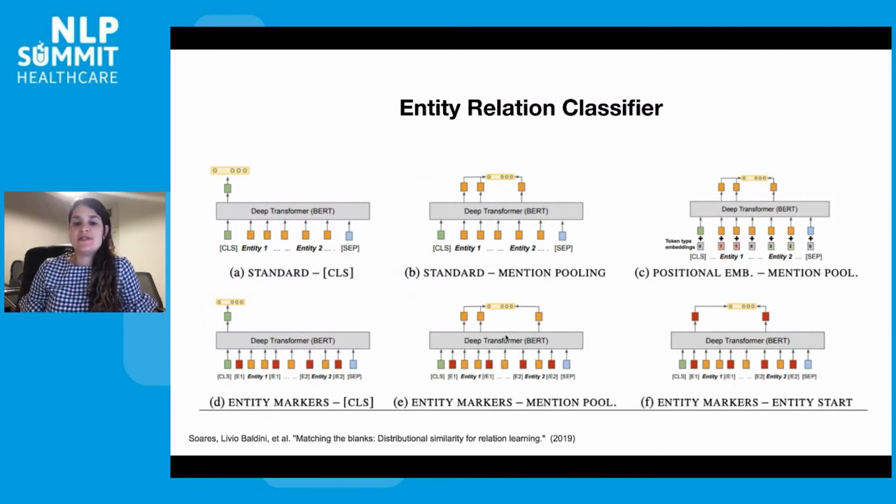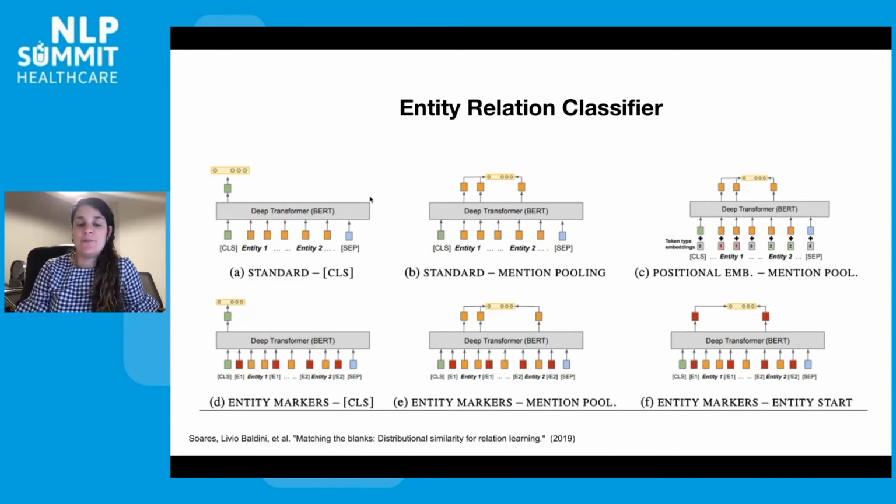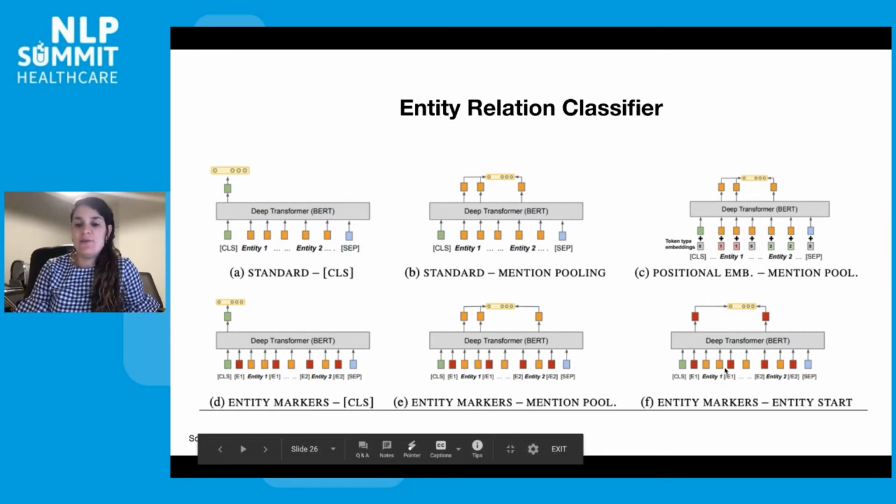In order to build this relationship model, we used a Google model which was published in 2019, and they presented in the paper six main architectures to do that. I will focus on one of them, which got the best results in the paper.